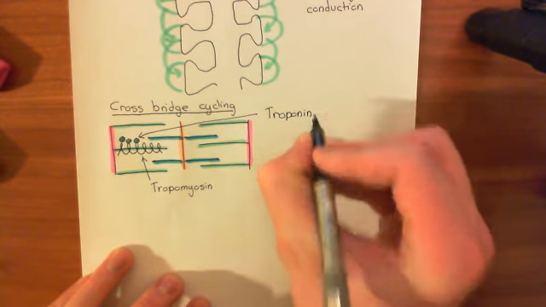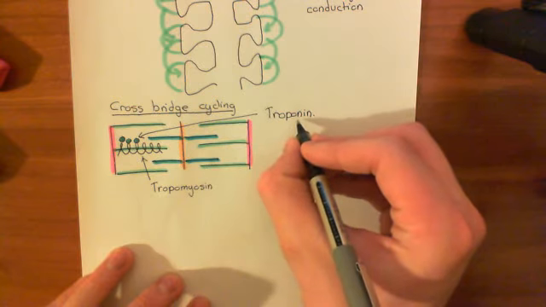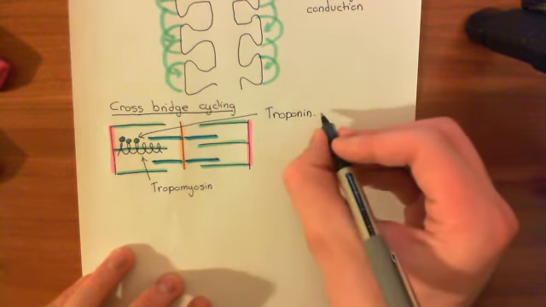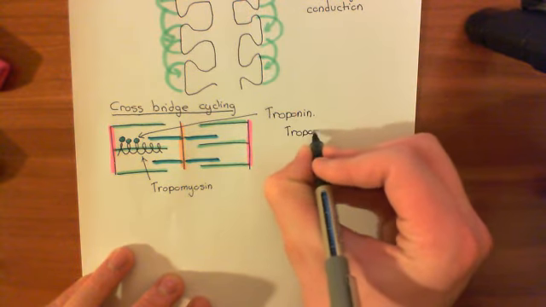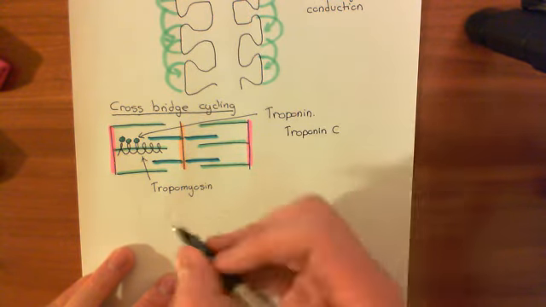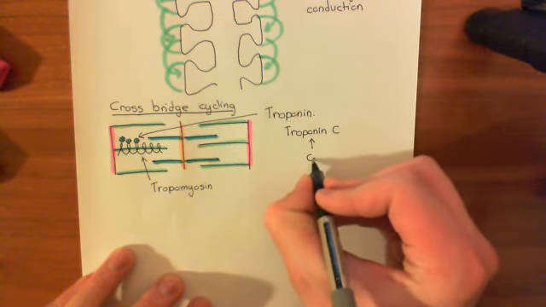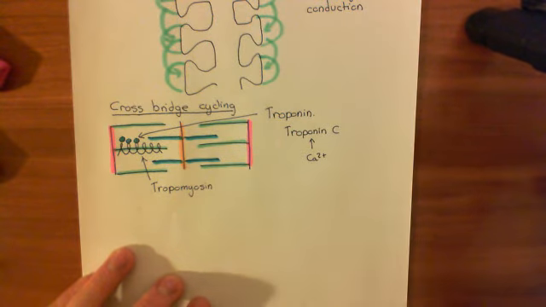Now what happens is when calcium goes up in the cytoplasm of the cell, the calcium can bind to the troponin protein. Specifically, the troponin has 3 subunits, and the subunit it binds to is the troponin C subunit, which is named troponin C because it's the calcium binding subunit of troponin. So it binds to troponin C, which is part of troponin, and that causes a conformational change in troponin.